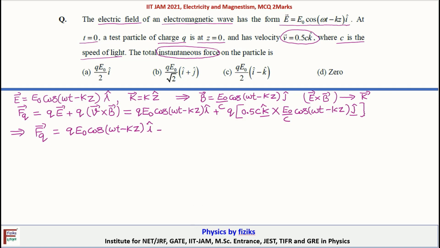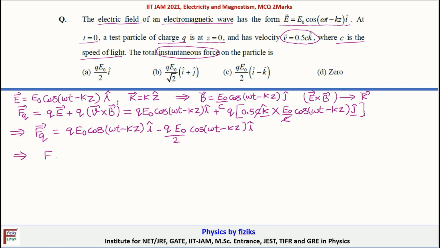So this will be given by minus Q E naught by 2, and this c will cancel out, cos omega t minus kz I cap.